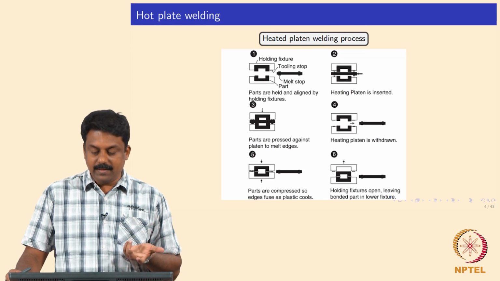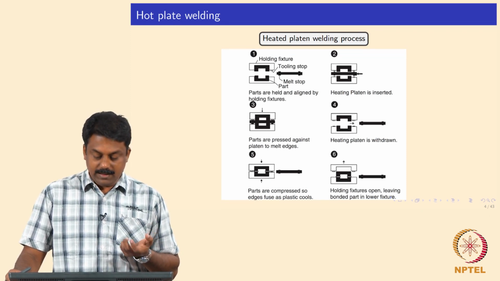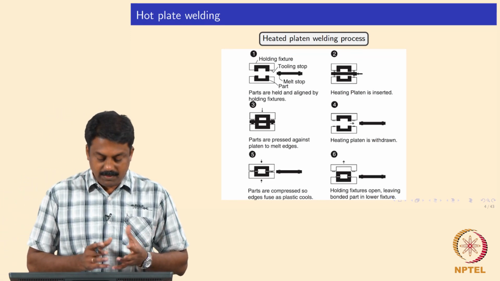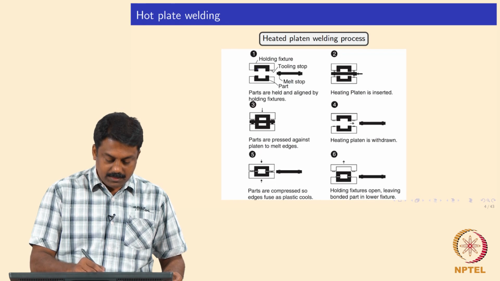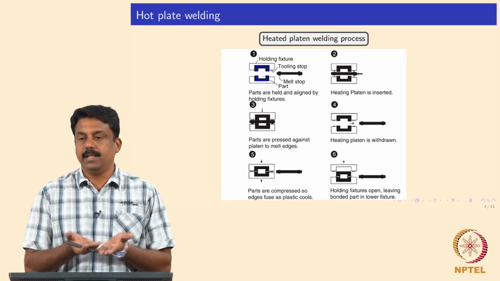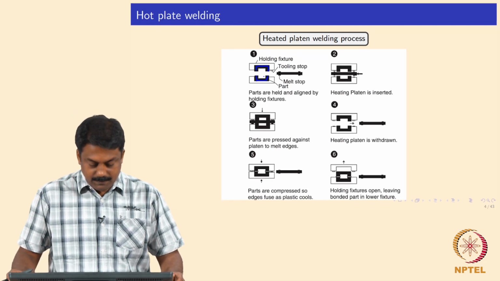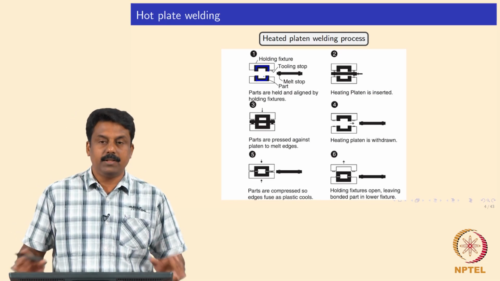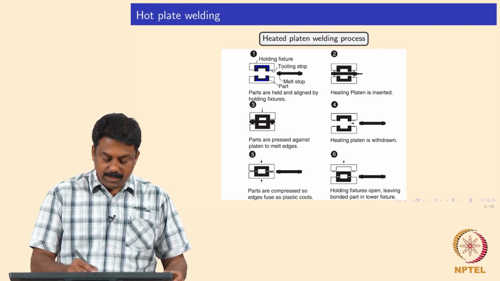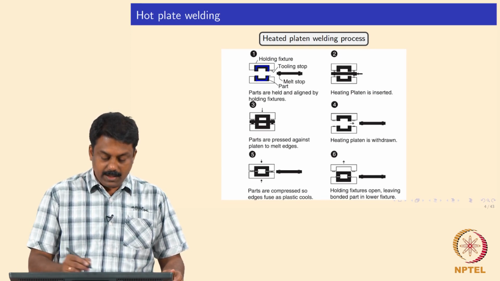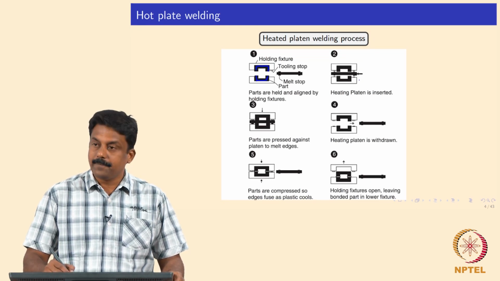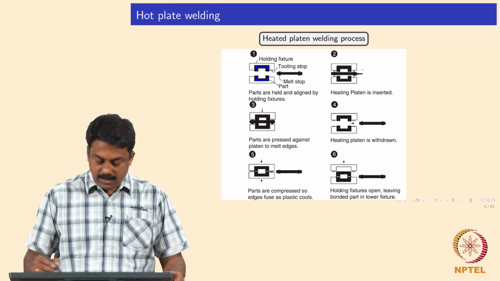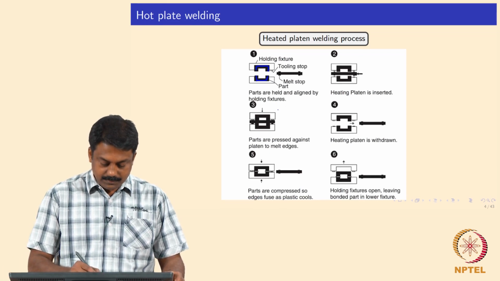So, this is a heated plate welding process where the components to be welded are held with a fixture. Say for example, in this case you have to weld such L frames. You hold them with a proper fixture, then a hot plate is inserted between the components to be welded, and the fixtures are brought together.